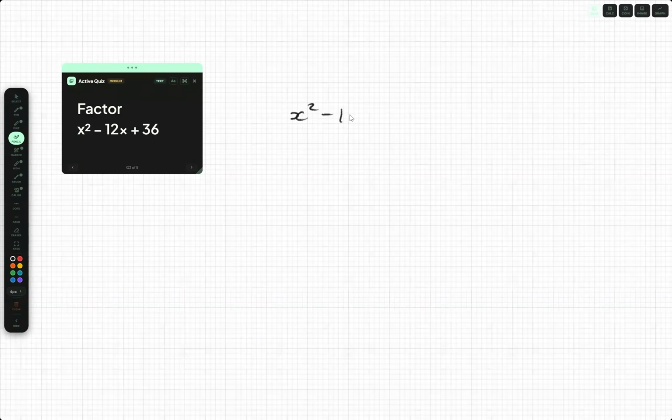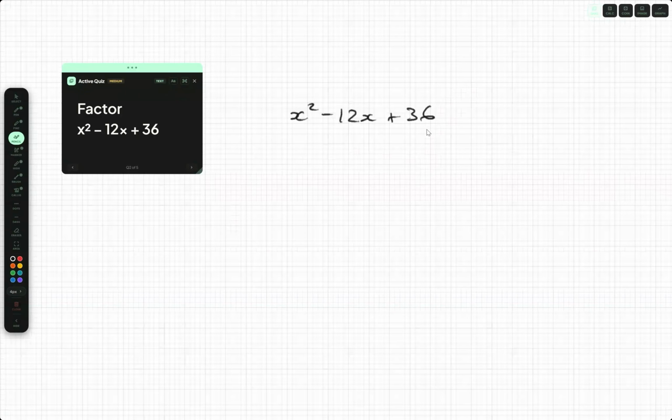x squared minus 12x plus 36. Okay, clearly 36 is 6 squared, and x squared is x squared. So if we consider x to be a, then we only need to think of this particular value here.